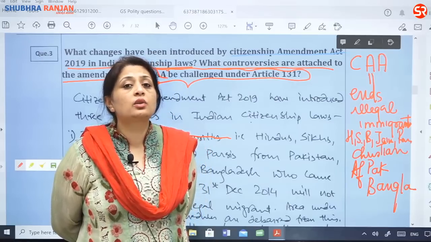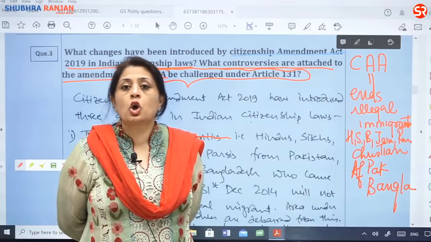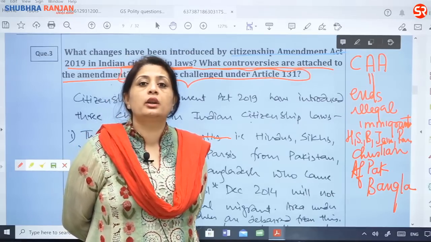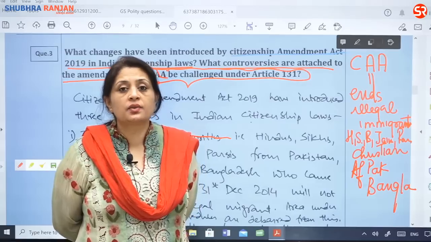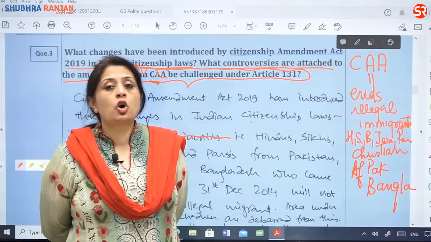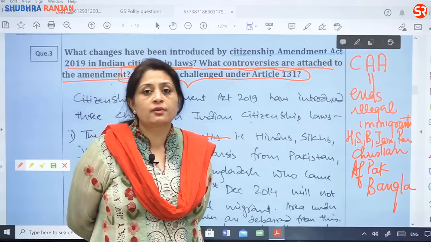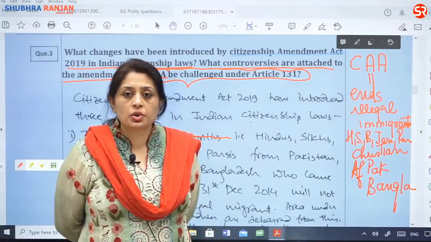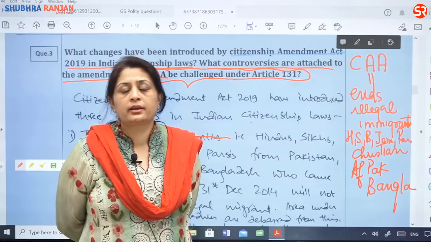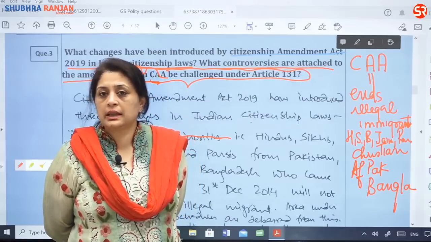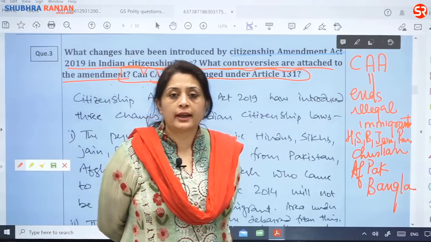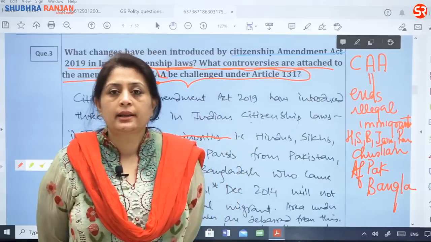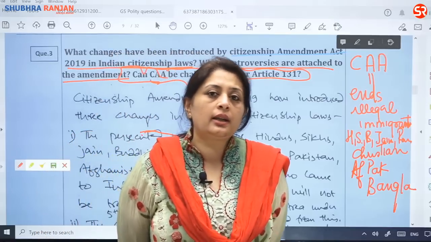Then it is also putting a question mark on why it does not include the Tamilians from Sri Lanka or the Rohingya Muslims from Myanmar. Fine. So these are certain issues, and it is held that the agenda of the government is to build India as a Hindu nation like Israel.